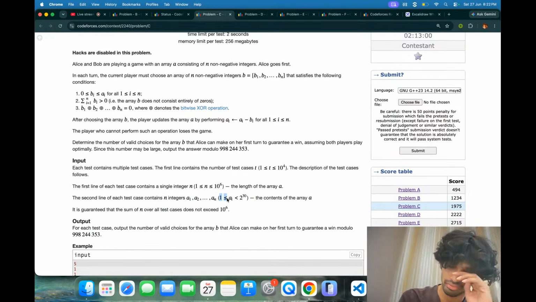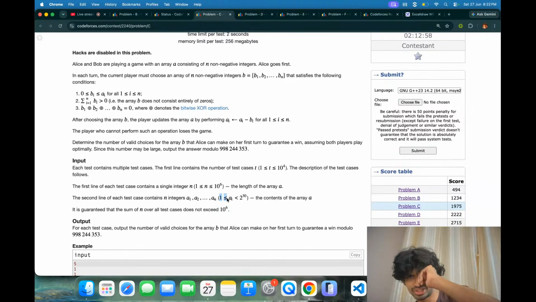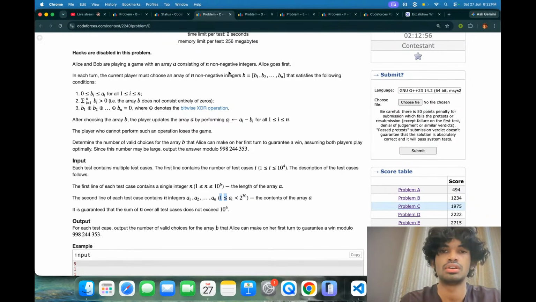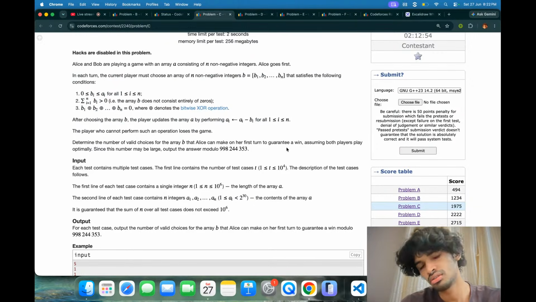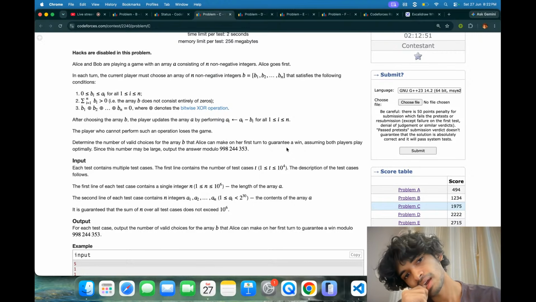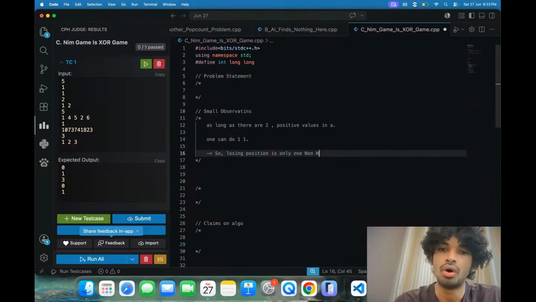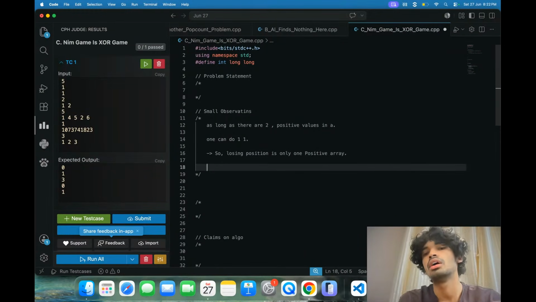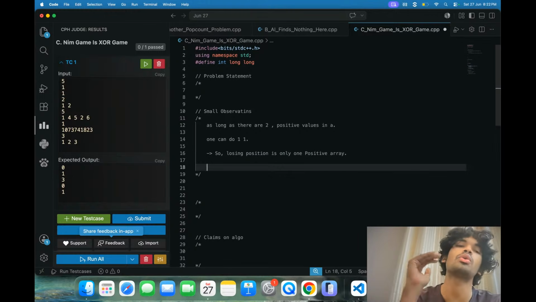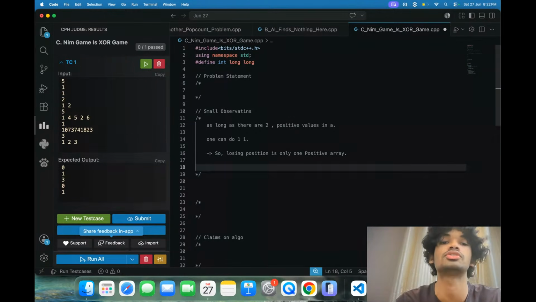A is like 1 to 10 to the power 29, but yeah, we can think of it as non-negative. A losing position is only one positive. Alright, this is a losing one, obviously, because everything else must be zero, and then you have one thing, you must take something out of there, and XOR will not be zero. So this is the losing position.